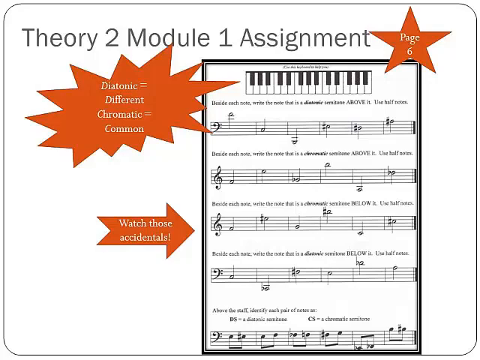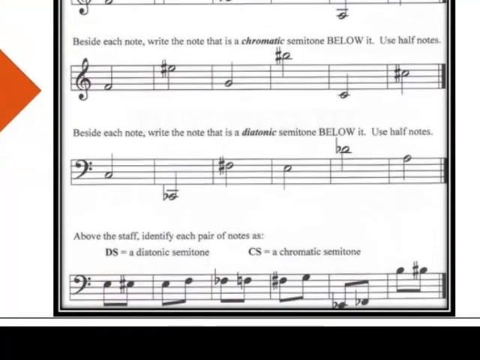Number 8, you're going to draw a note that's a chromatic semitone below the given notes. Again, if it's chromatic, it has a common letter name, therefore it's going to have the same letter name. So a chromatic semitone below F would be F flat. In number 9, you're going to write a diatonic semitone below these notes.